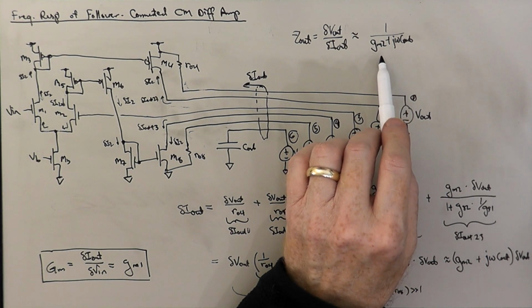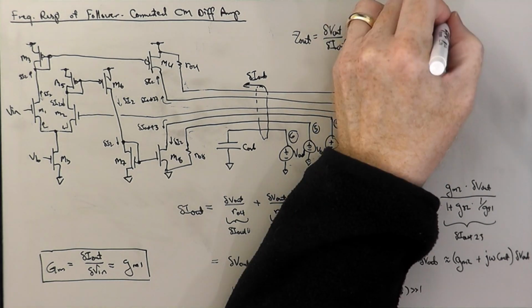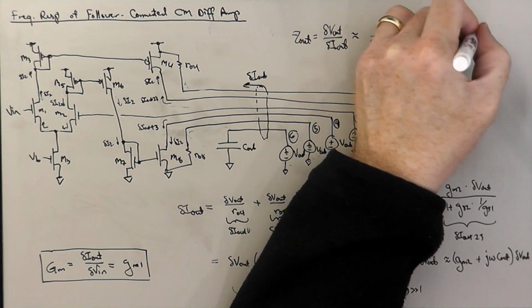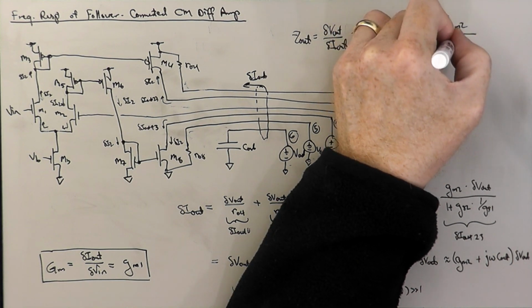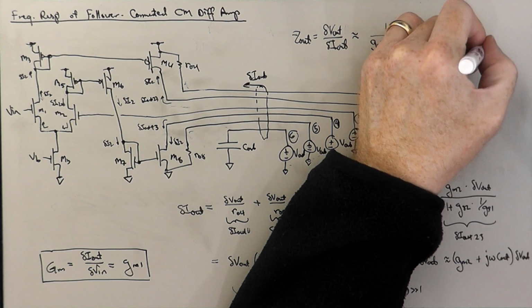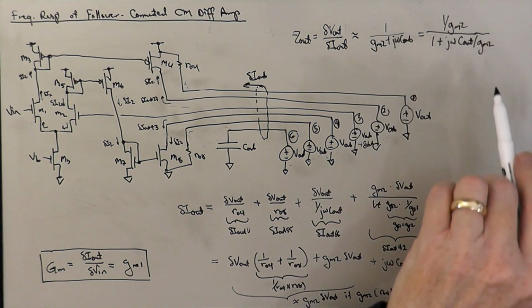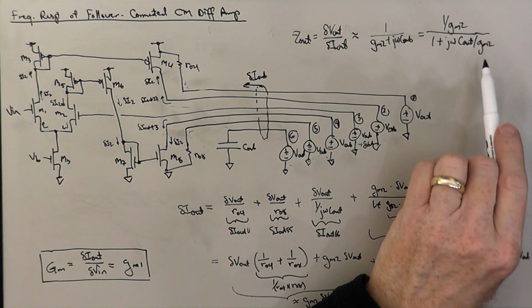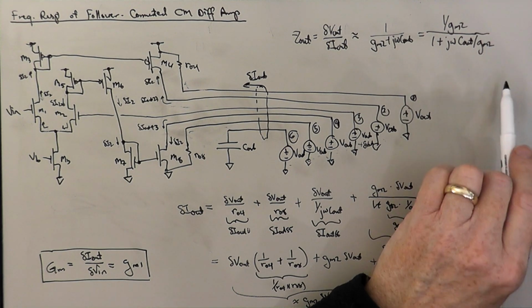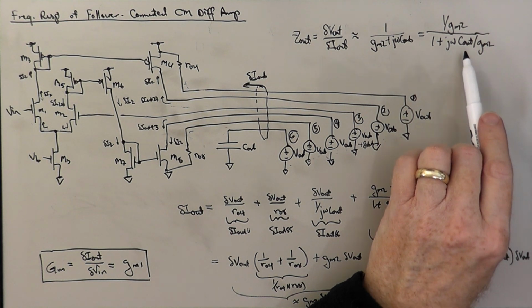So we're going to factor out a GM2, and so this is equal to 1 over GM2 divided by 1 plus j omega C out over GM2. I know our tendency is to not like to see nested fractions in here, but C out over GM2 is basically an RC time constant. All right, so this is a tau.